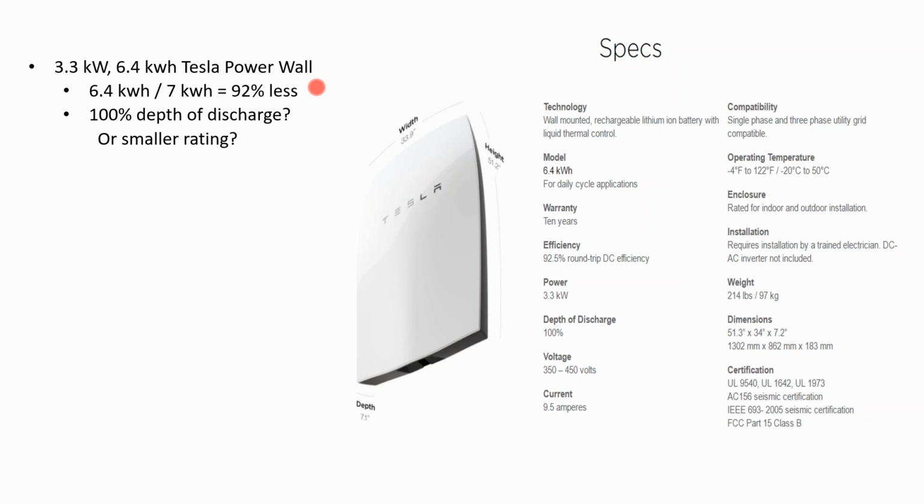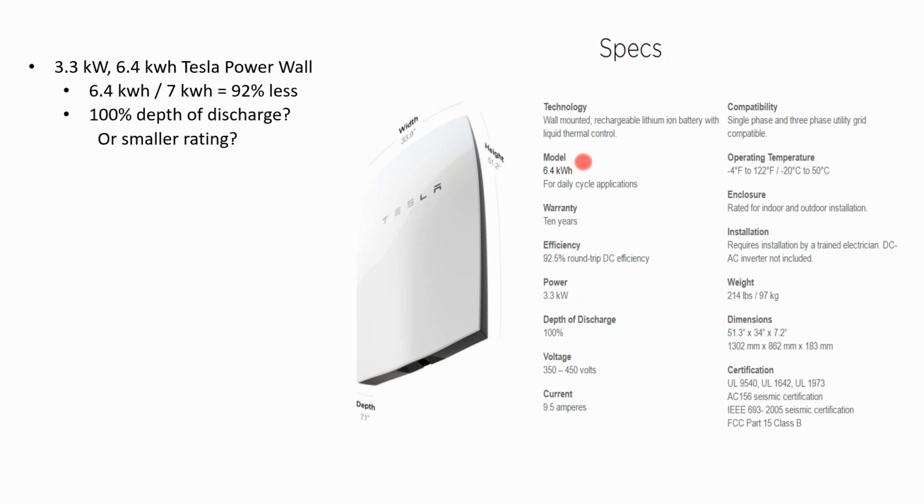Actually, if you discharge lithium-ion batteries all the way down to 0, it's very bad for the battery. So Tesla retains a little bit of charge just to make sure it doesn't go all the way down to 0. And so rather than keep that 7 kilowatt hour rating and say you could discharge it down to 95%, they just changed the list rating of the battery and kept that 100% depth of discharge.